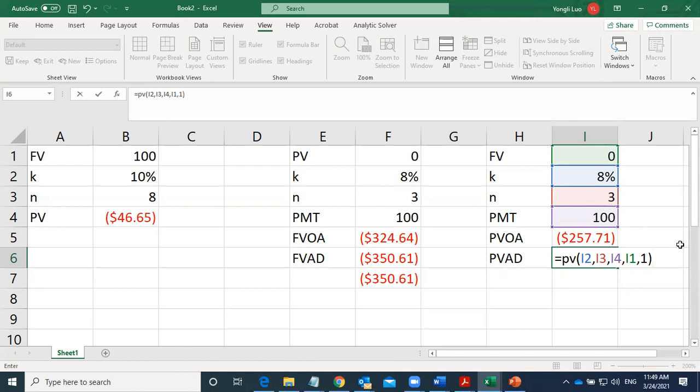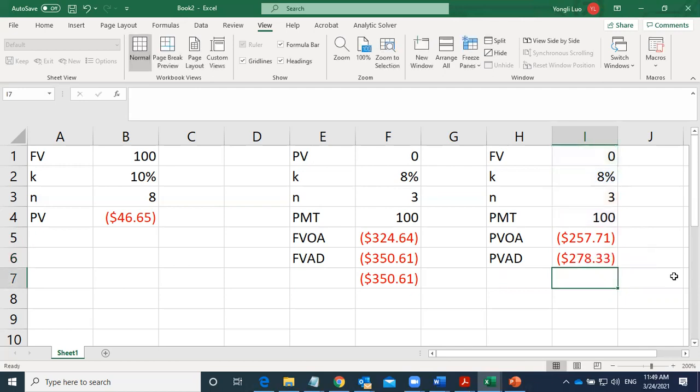Otherwise, it's an ordinary annuity. So when you do annuity due in Excel, you add a comma 1 and click enter. You see the present value annuity due is also bigger than that.